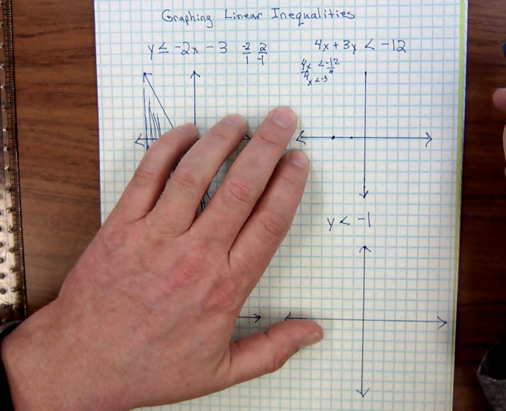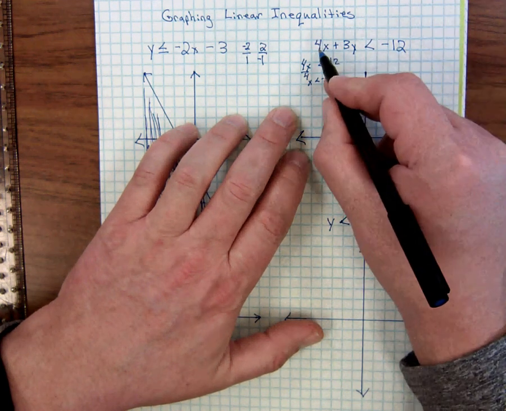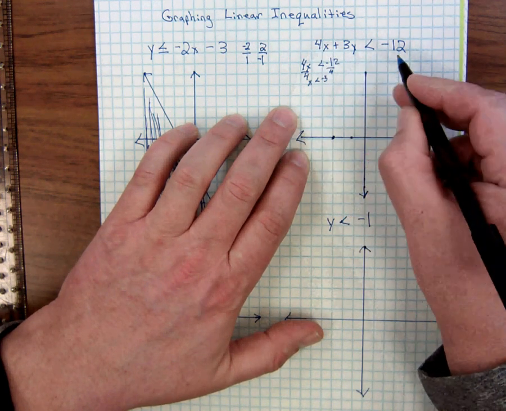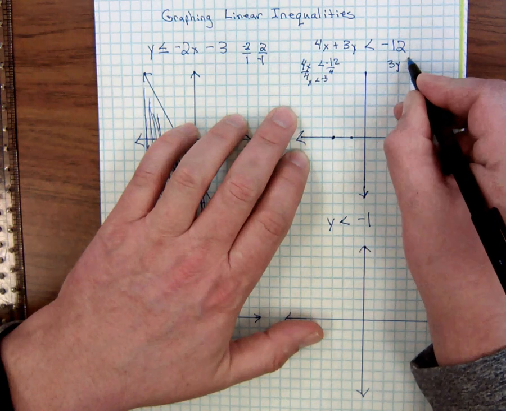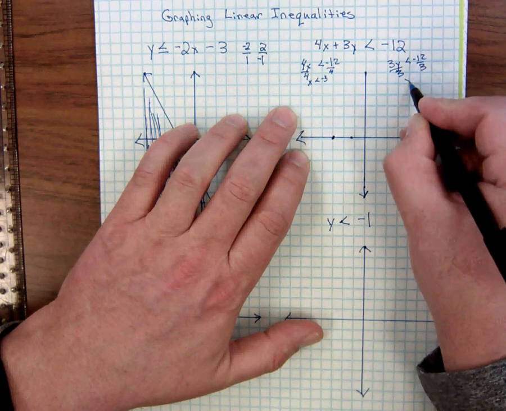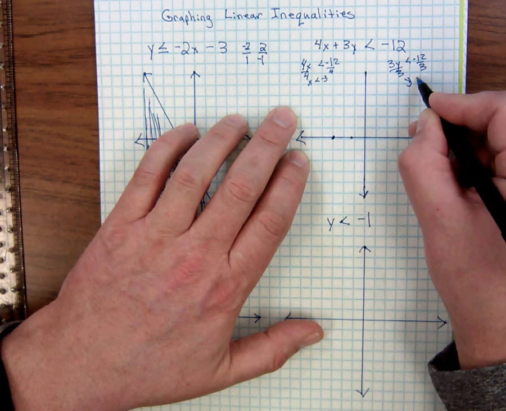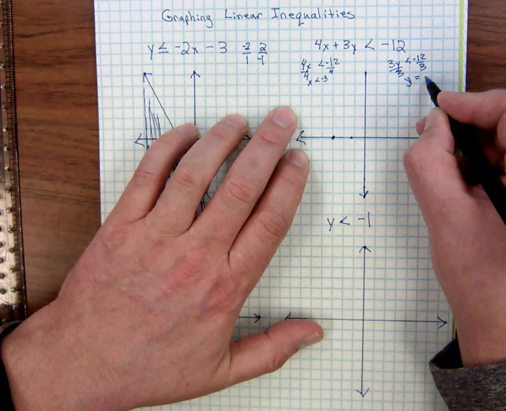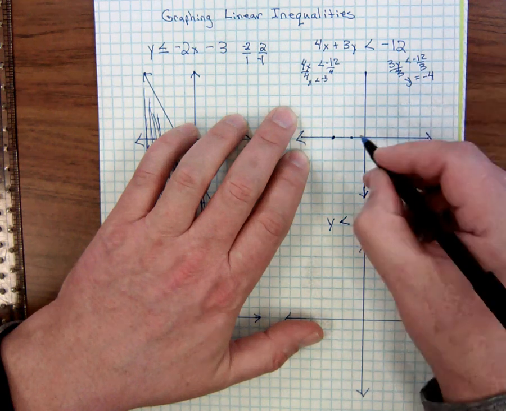We're going to do the same thing for our y-intercept. So if x is 0, we would have 3y is less than -12. We're going to divide by 3. Our y-intercept is actually at -4.